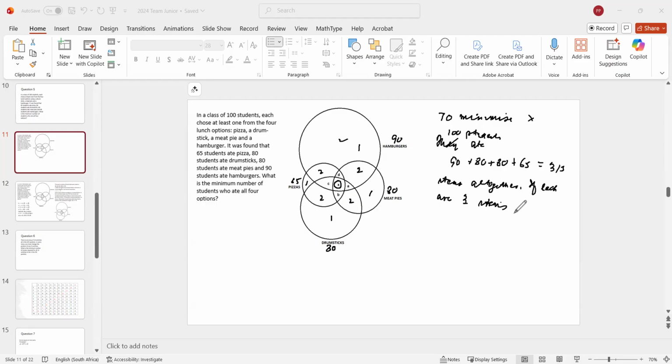If each ate 3 items, then there are 100 of them, so there will be 300 items altogether eaten by the 100. Now, why do we say 3? I just explained it because you want to maximize. I'm going to put a star there. The star says to minimize X, that's the four items.